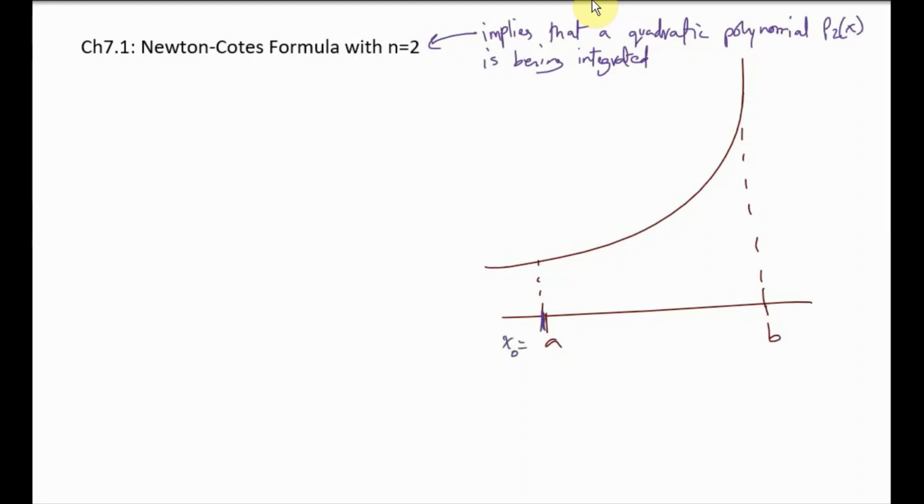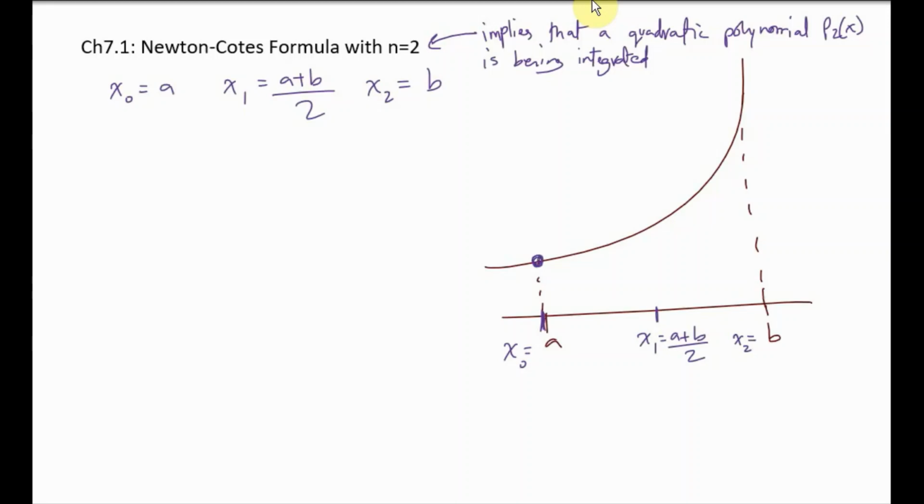These nodes are going to be x naught equals a, x1 equals a plus b divided by 2, and x2 equals b.